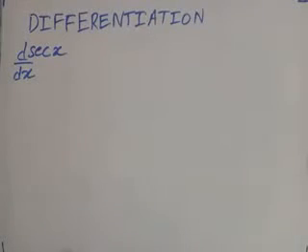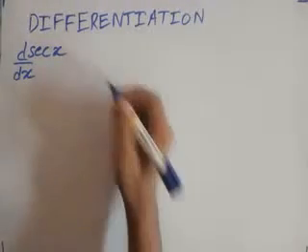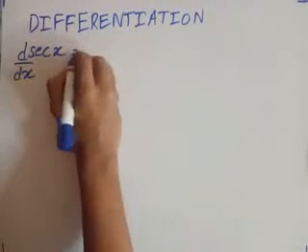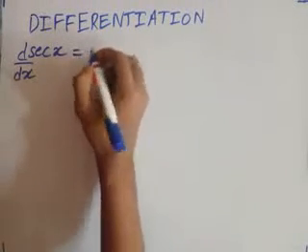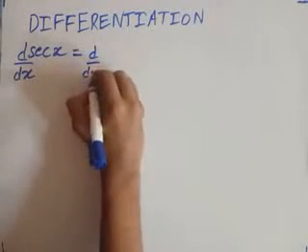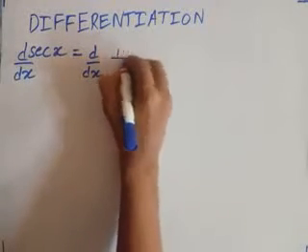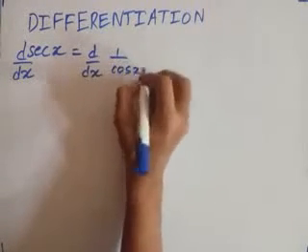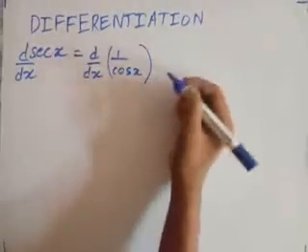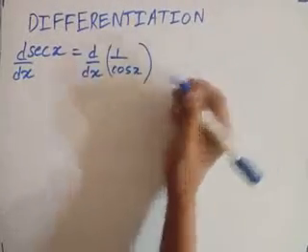Okay, so we are going to use a pretty similar approach as we used to find the derivative of tan of x, and we are going to rewrite sec of x as 1 upon cos x, and again we apply the quotient rule of differentiation.